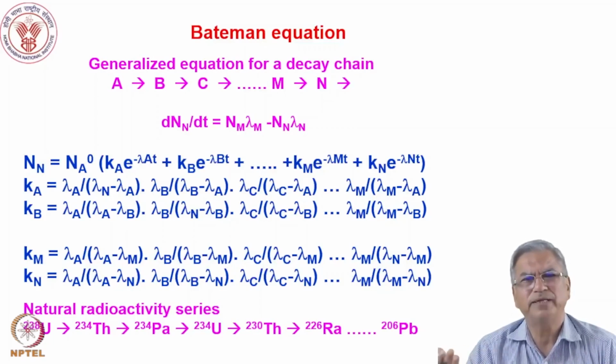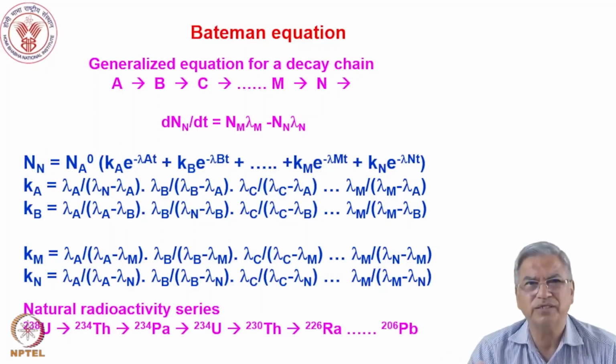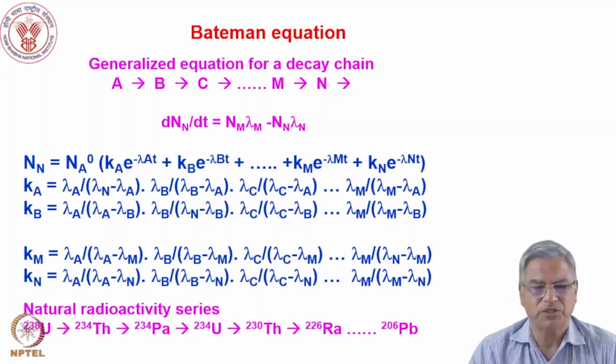Suppose at any point of time you want to find out the activity of thorium 230, which is the 4th daughter product, or radium 226, which is the 5th daughter product. In such a situation, whatever we discussed just now may not be useful. So you can go for a generalized equation, and that is called the Bateman equation.